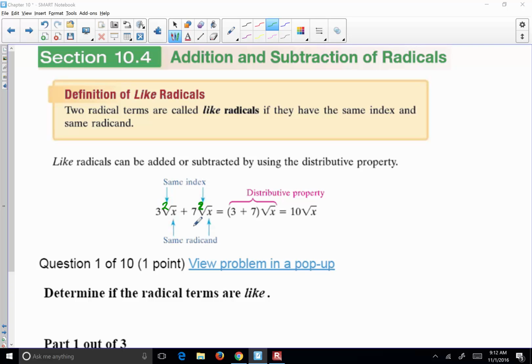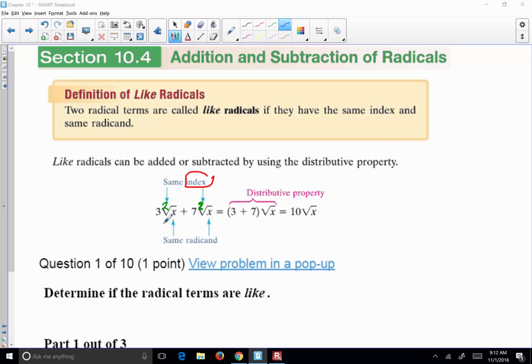Sometimes it's not visible. If it's not visible, it's 2. So the indexes must match. I call this the type of prison, but technically it's called the index. Not only must the indexes match, but the radicand, or prisoners inside, x and x, you see, they must match as well.